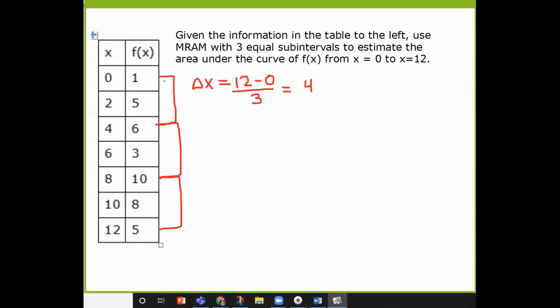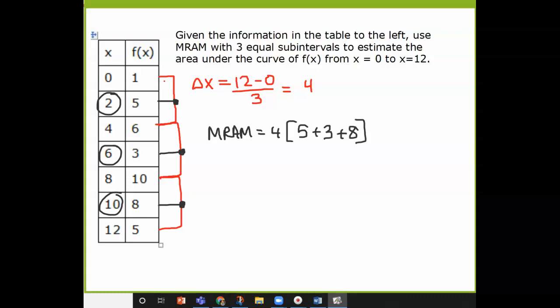Because now that makes the midpoints of them at values on my table. So the midpoints are going to be at 2, 6, and 10. And we get 64.